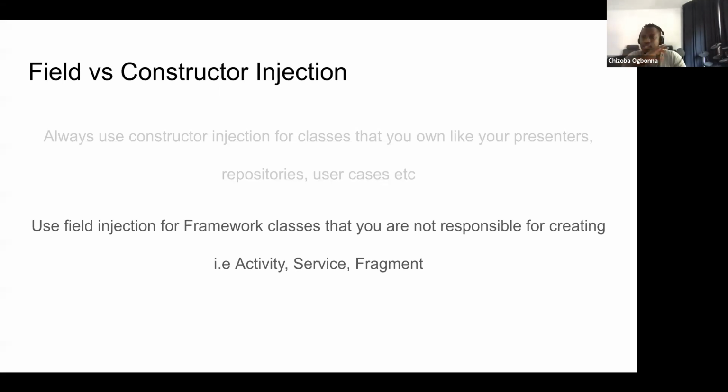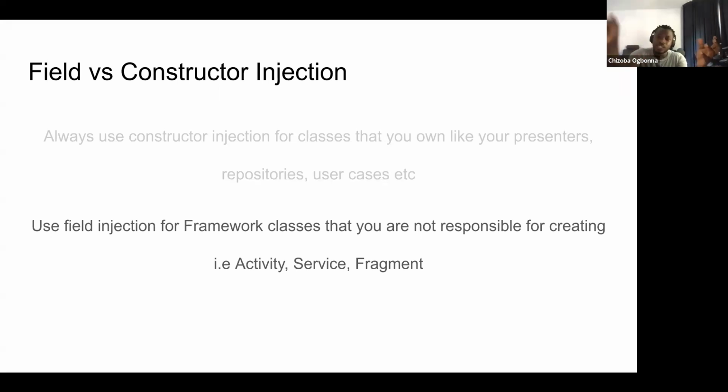It makes your life easy when you want to test, because then you won't require Dagger in your test. Once you are testing a presenter or repository and you actually need Dagger to test it, it's a smell, something is wrong somewhere. The only reason you're going to need Dagger in your test is because you used field injection in your own presenter and repository.